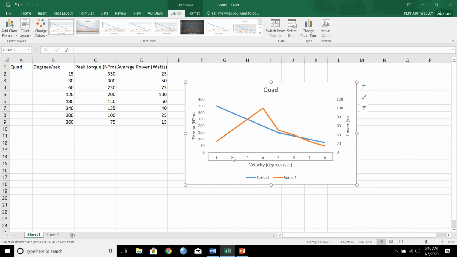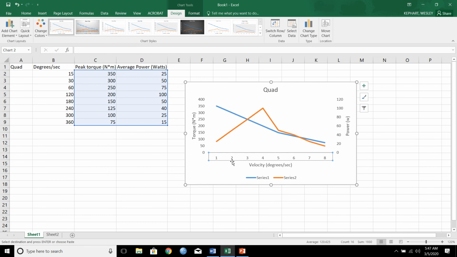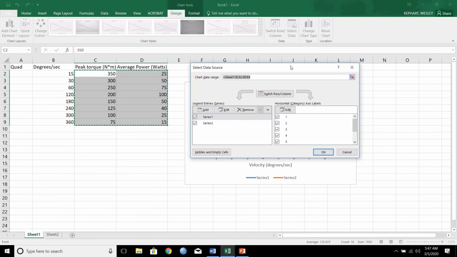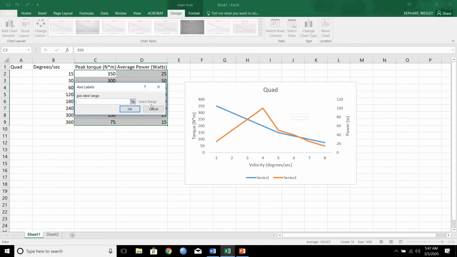Now, I will want you to alter the x-axis so that it looks a little bit cleaner. So if we go over here, I'm going to do that again. So I just clicked on that. I select data. Then here, edit on horizontal axis, and make sure that it's a line because you can alter this on a line.